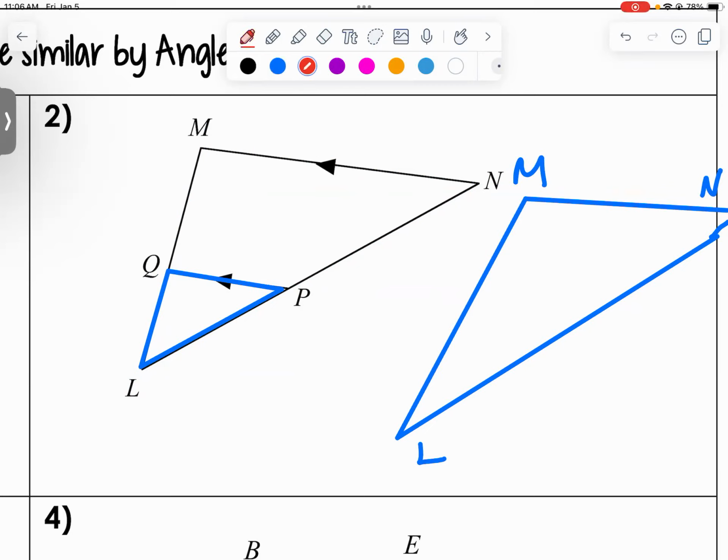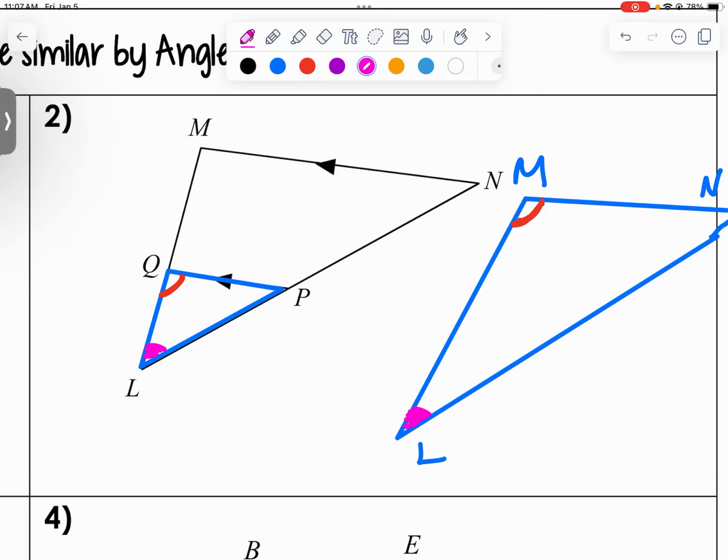So we've talked about M and Q being congruent because they're corresponding angles. We could also talk about N and P, or we could talk about how angle L is the same as this angle L. Do you see that?